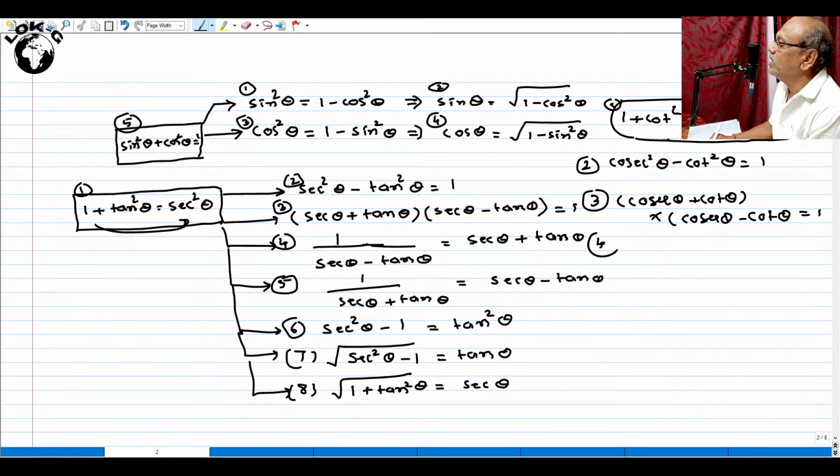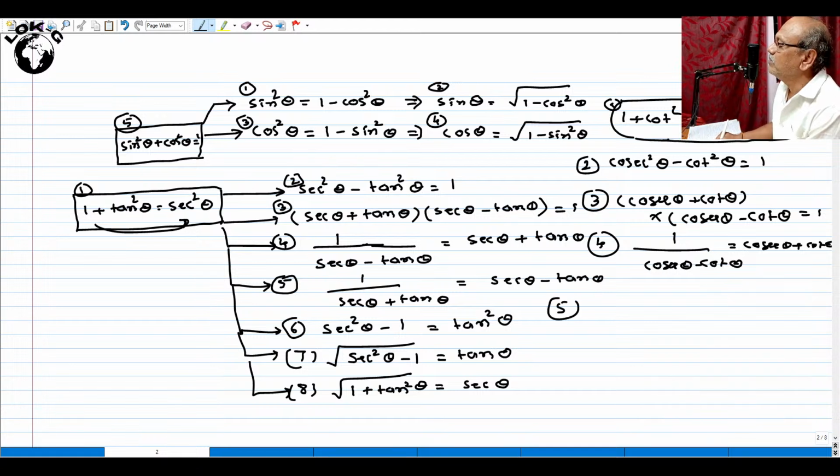The fourth formula, if I take cosec theta minus cot theta to the right, again you get 1 upon cosec theta minus cot theta is equal to cosec theta plus cot theta.